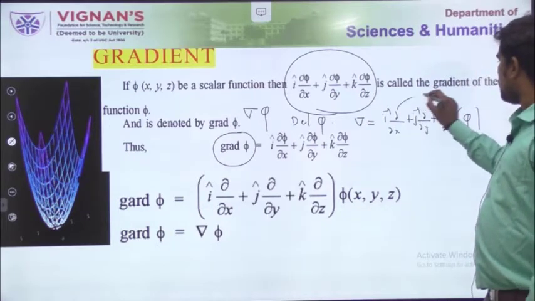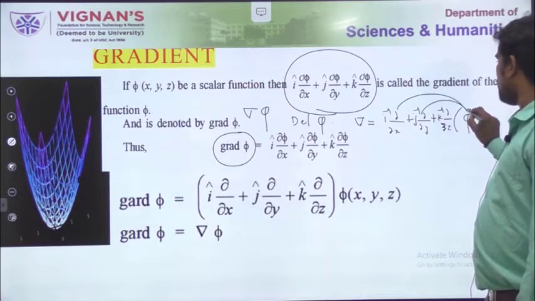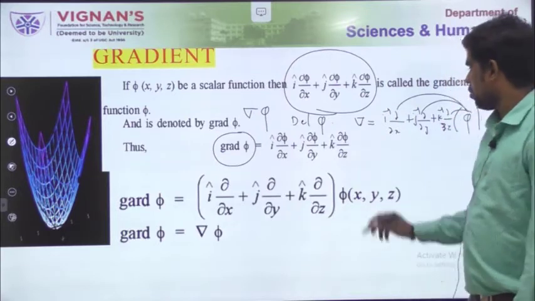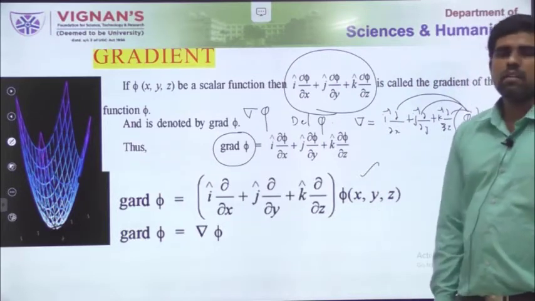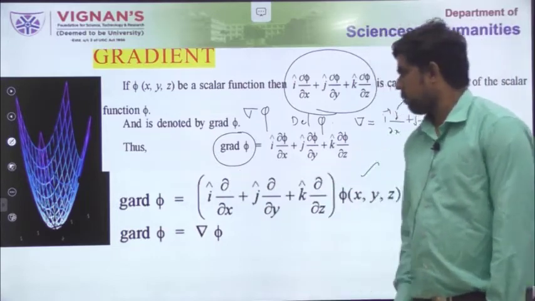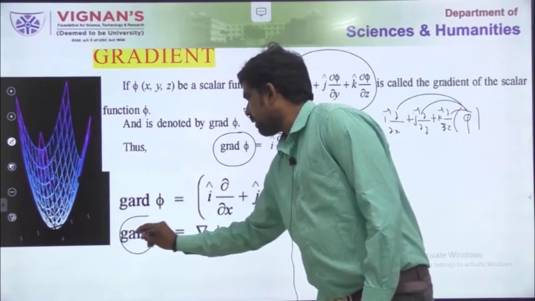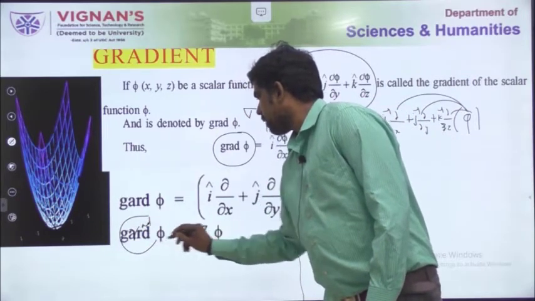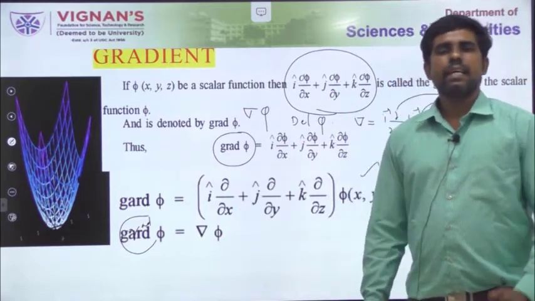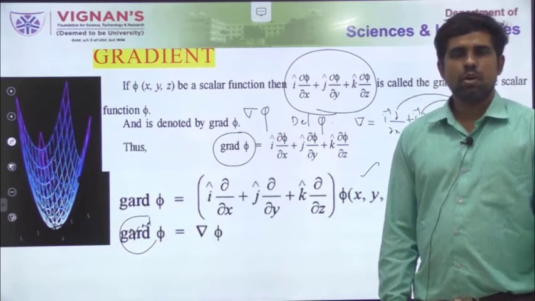So what you will consider? i vector into dou phi by dou x plus j vector into dou phi by dou y plus k vector into dou phi by dou z. Here you can understand that it is written in a split way. So grad phi, it is not 'god phi', grad phi is equal to del phi. So this is the definition for the gradient of a surface phi by using the differential operator del.